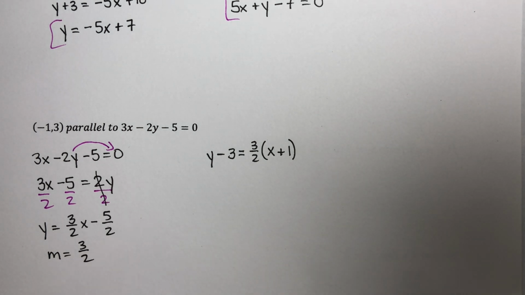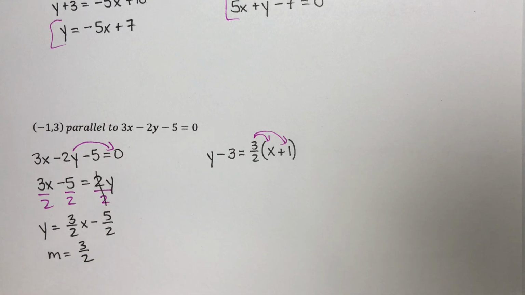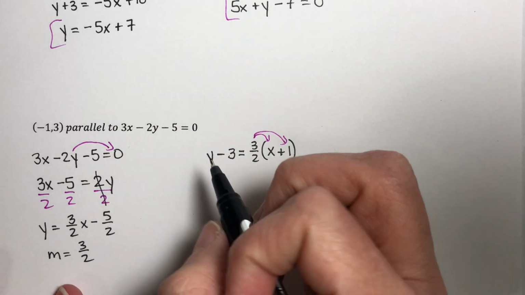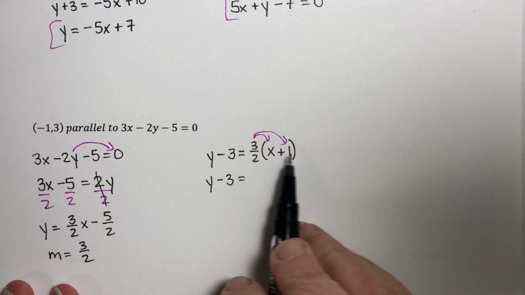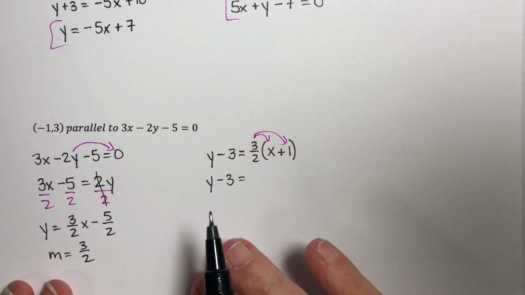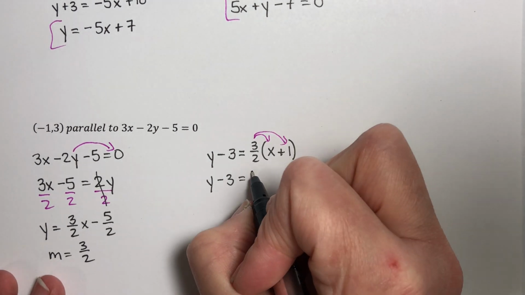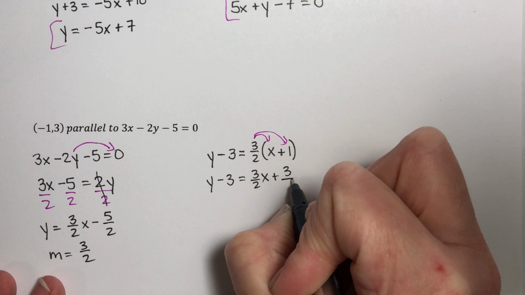You can kill the fractions at this point, but they're going to come back when we go into slope-intercept form. So I suggest just dealing with it. You have calculators that do fractions, so they should not be too scary. And here I'm distributing and multiplying by the very incredibly hard, difficult number of 1. So 3 halves x plus 3 halves.